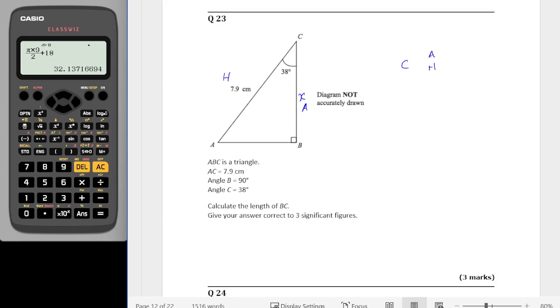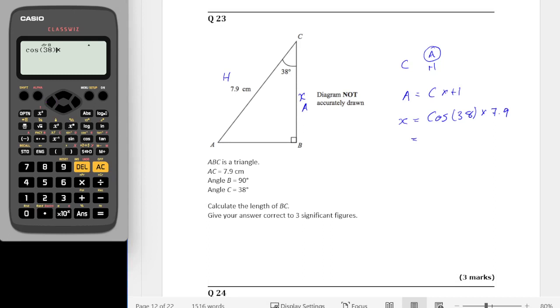And I'm trying to work out the adjacent, so the adjacent is going to be equal to cos of the angle times by the hypotenuse. So let's substitute in then. X is going to be equal to the cos of 38 multiplied by the hypotenuse, 7.9. So my calculator gives me cos of 38 multiplied, this is why the brackets are important, multiplied by 7.9.